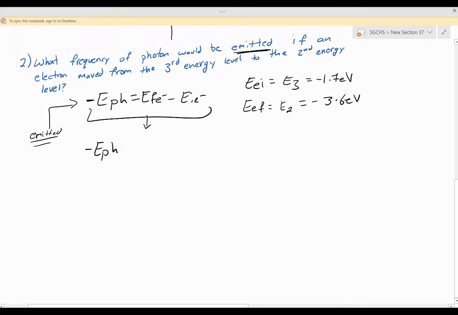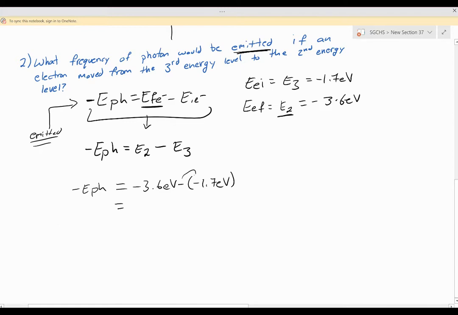So this becomes the final energy state, which is the energy state of 2, minus the initial energy state, which was the energy state at the third energy level. And then from here, we can plug in our values of negative 3.6 electron volts minus negative 1.7 electron volts.